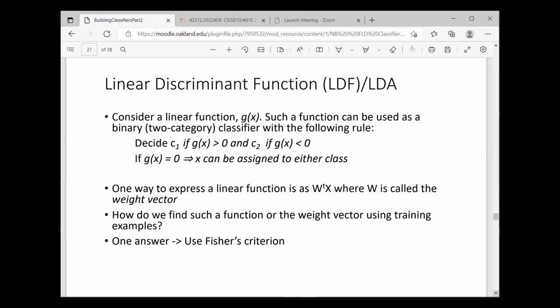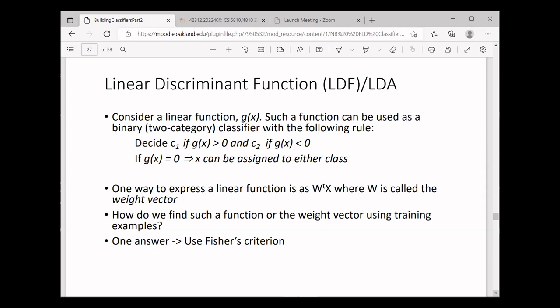Since this function can be used to discriminate between examples coming from different classes, we call it a discriminant function. And since it is a linear function, we call it a linear discriminant function.